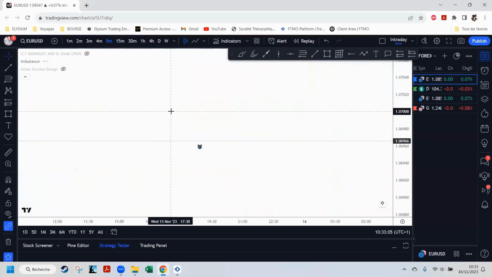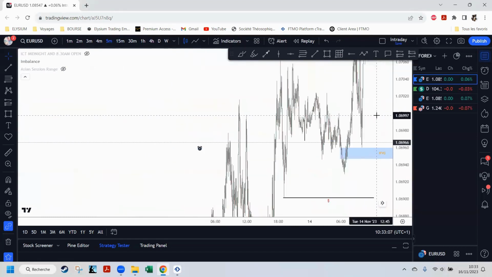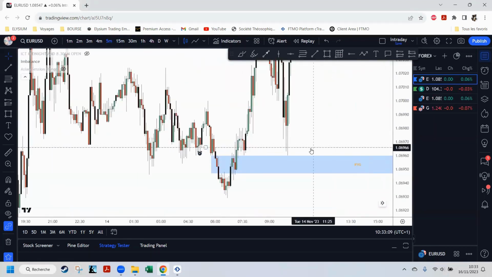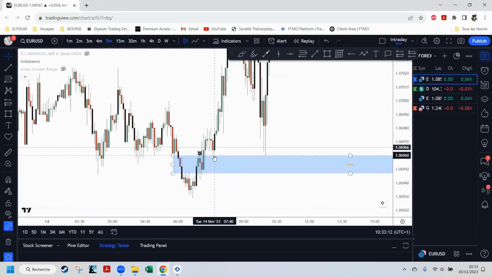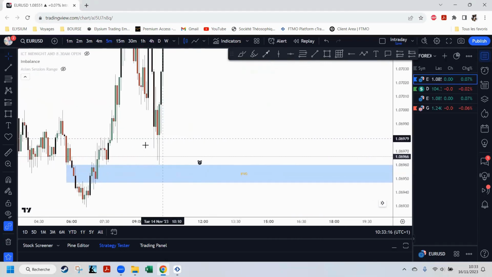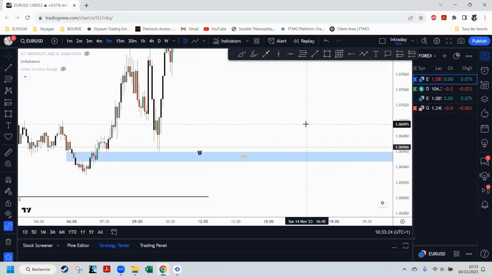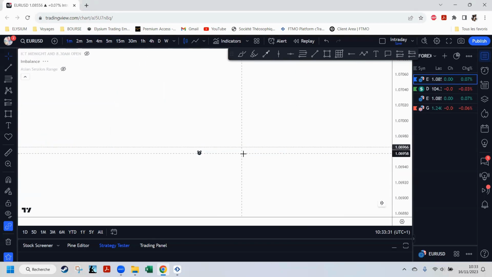If you zoom in on the 5-minute, you have another one, okay, so this is liquidity. And you have another fair value gap right there, so you can see the wicks all inside. But I always go with the cleanest possible area. And for me, it was this inverted fair value gap.